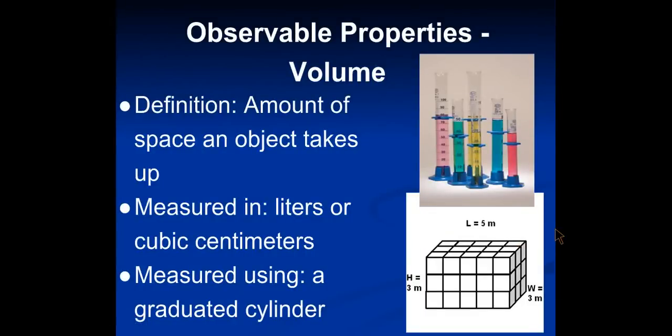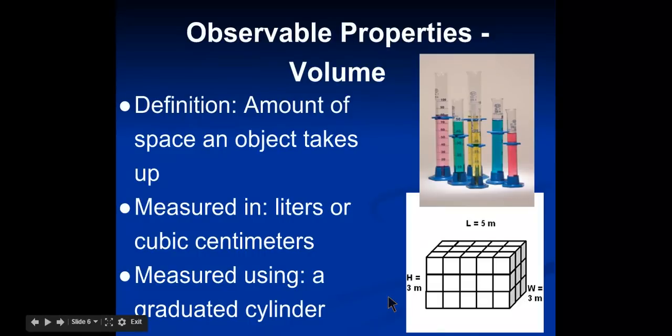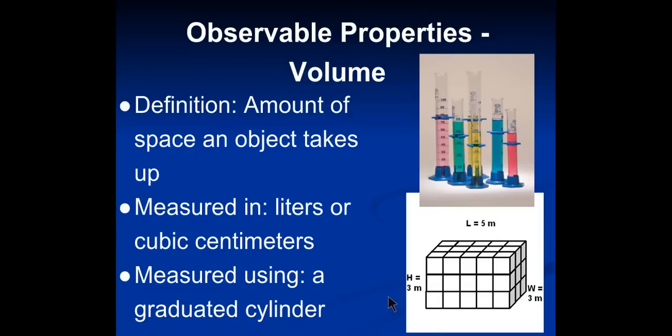In math class, we remember that to find the volume of a cube, you multiply the length by the width by the height. To do that, we can use a ruler to measure in cubic centimeters. That is a great way to find the volume of a cube, but not everything is a perfect cube. So we need another way.